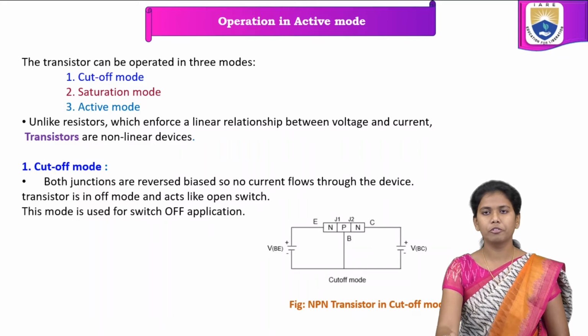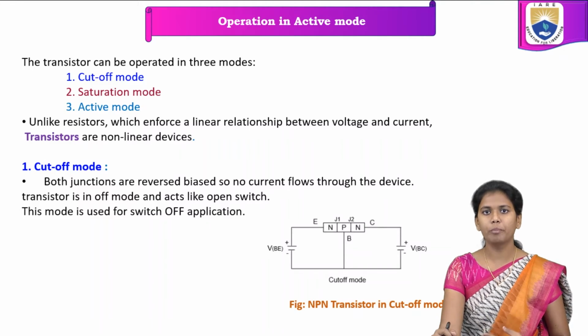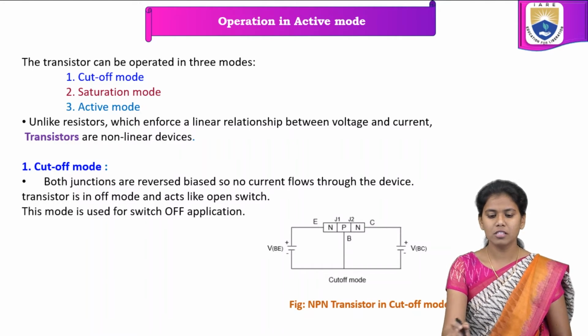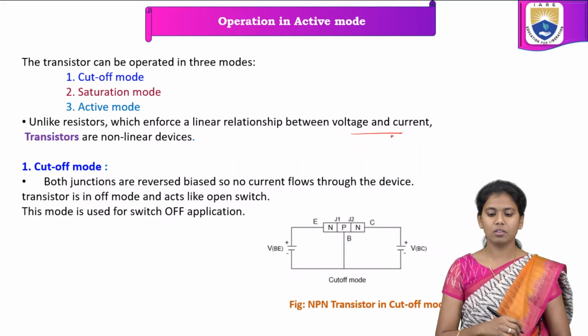The first slide says that the transistor operates in three different modes: saturation, cutoff, and active modes. Unlike resistors, which enforce a relationship between voltage and current, transistors are non-linear devices. We know about active devices and passive devices.